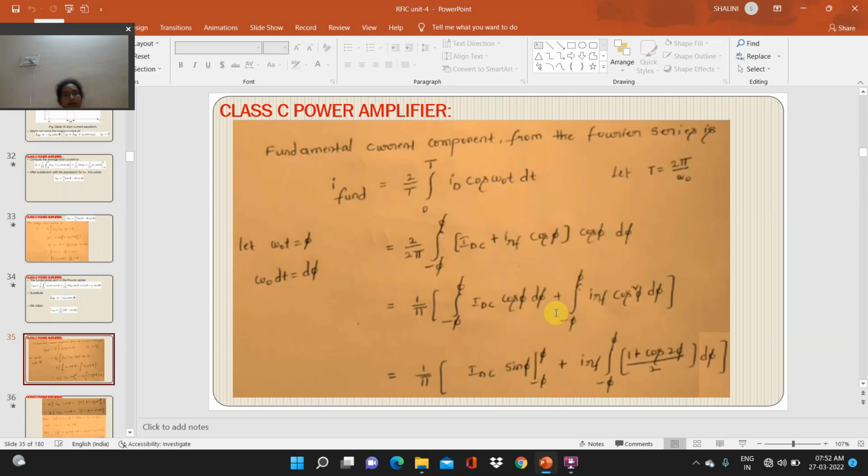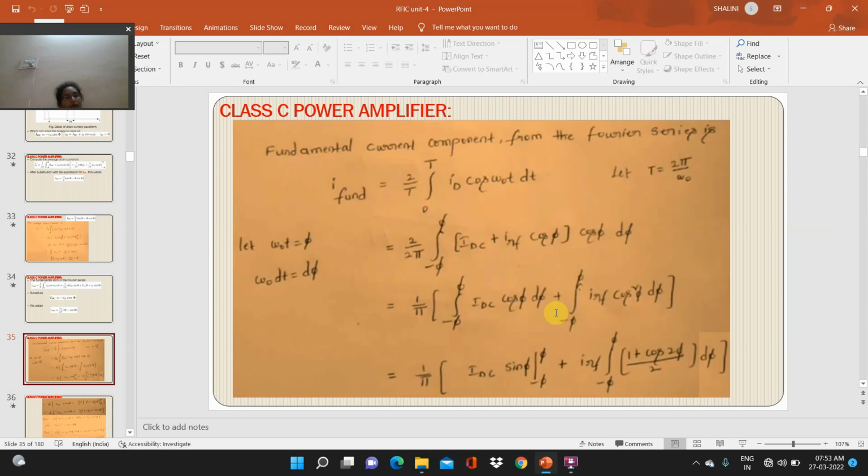Again, the fundamental current component from the Fourier series is written as I fund is equal to 2 by T integral from 0 to T of ID cos omega naught t dt. Let omega naught t be equal to phi, so omega naught dt is equal to d phi. Then the equation becomes 2 by 2 pi integral from minus phi to phi of IDC plus IRF cos phi into cos phi d phi.